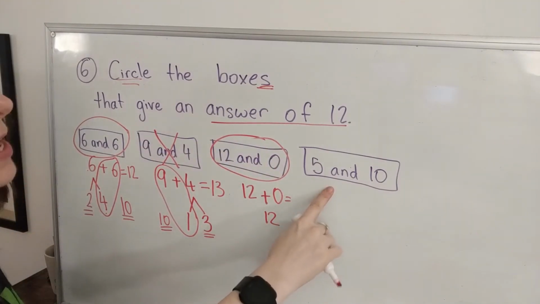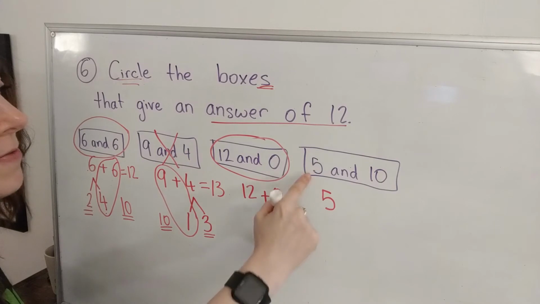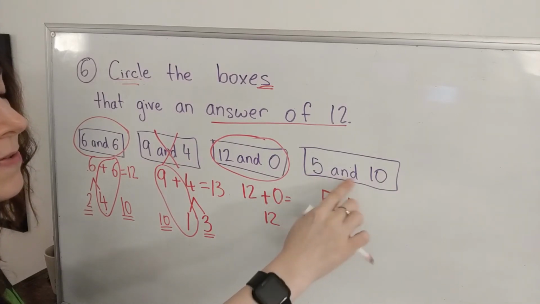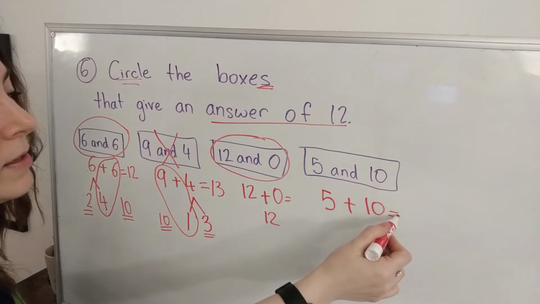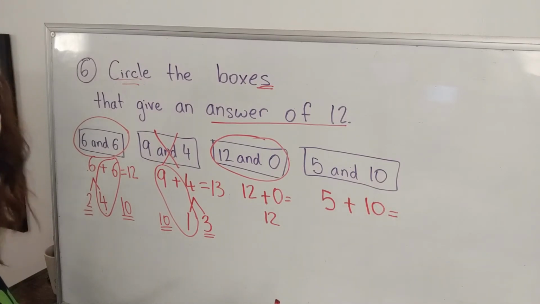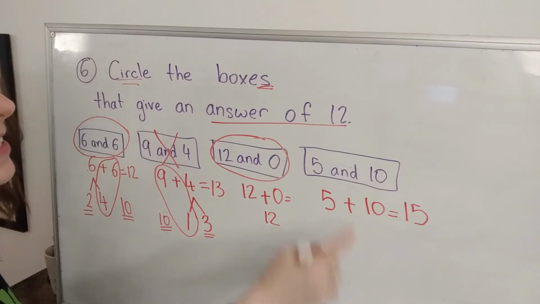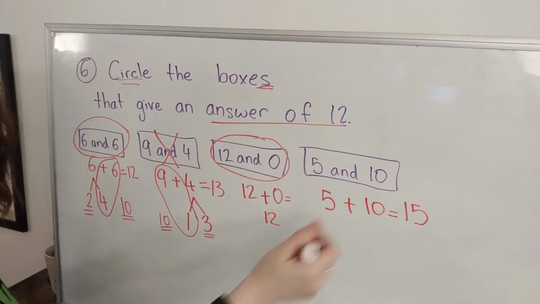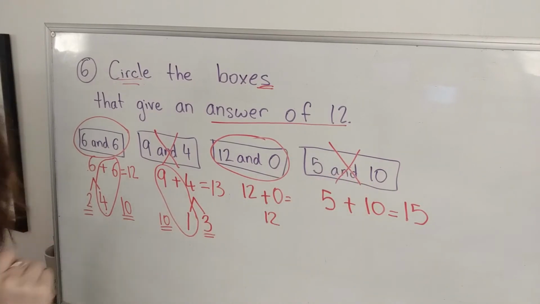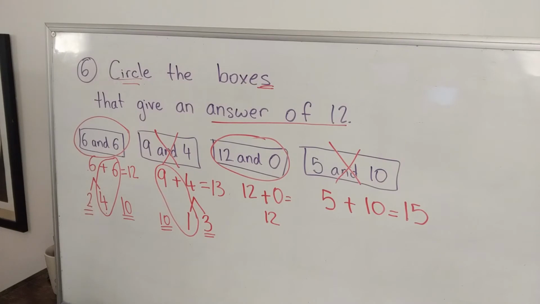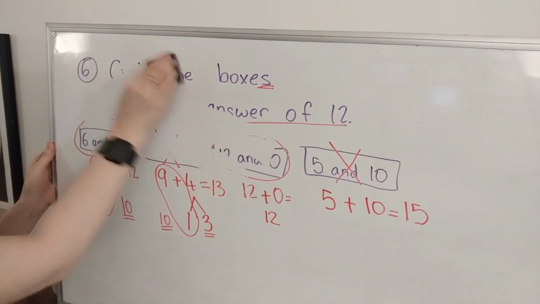Let's do the very last one. 5 and, notice every time it says and, we put a plus. 5 and 10. What's 10 and 5? 15. Not a match. We don't have to circle it. And now we're done. We found the 2 boxes that have the answer 12. Great job.